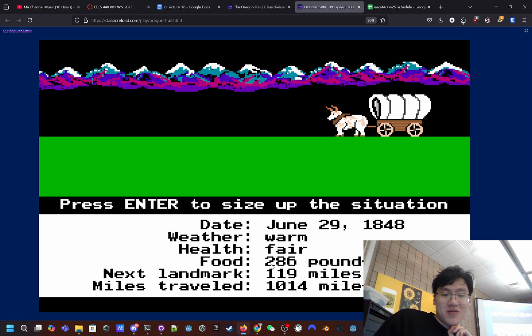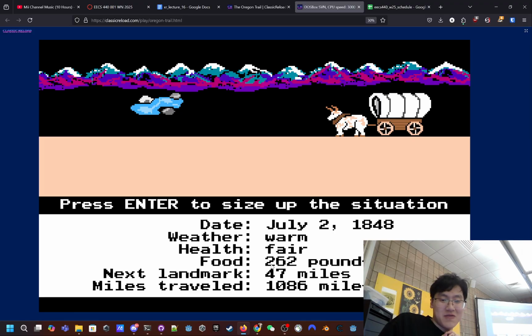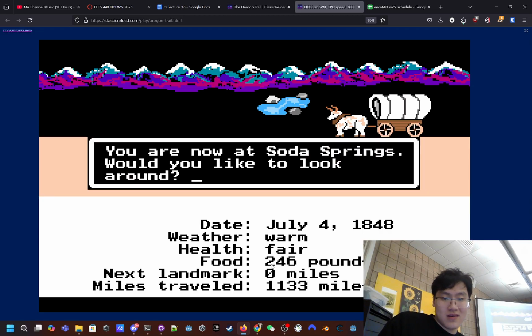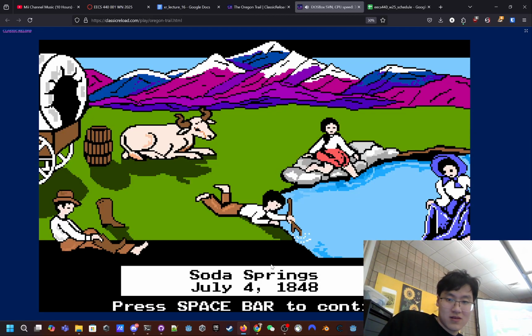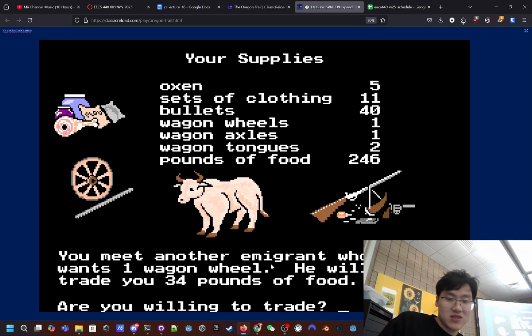Okay. I'm concerned with our food. Do we have enough food? Sure. Soda Springs. So just check the trade option.